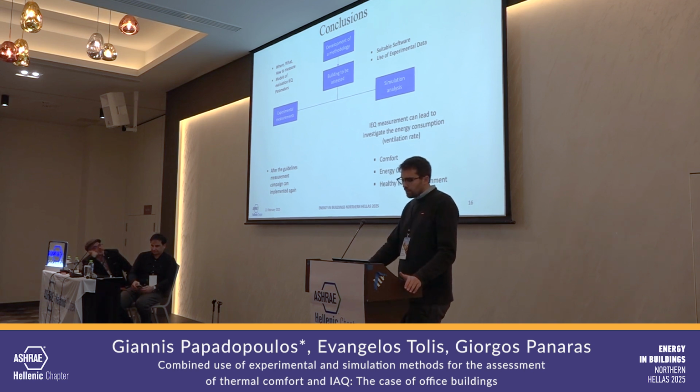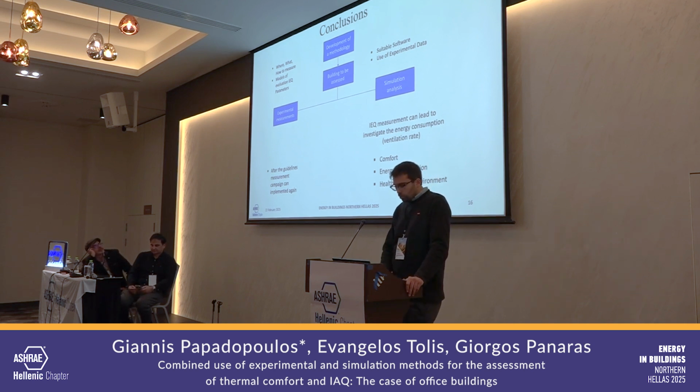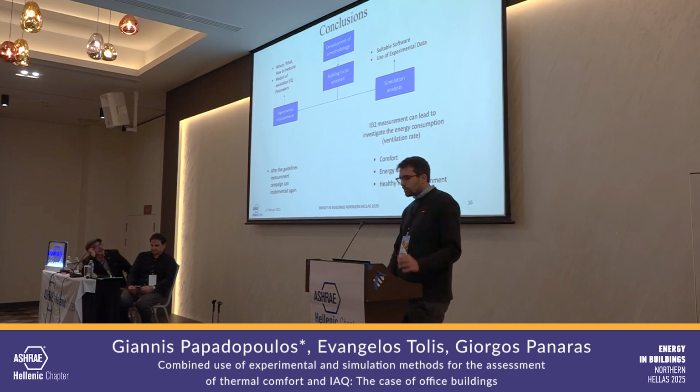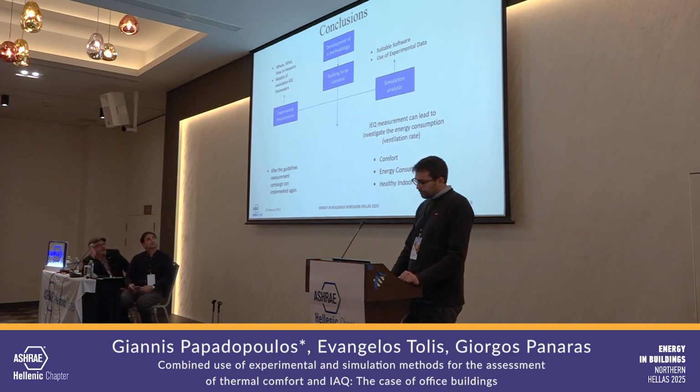As concerns experimental measurement, we have the three questions: where, what, and how to measure the parameters that we need. And what is the model we use after these experimental measurements that we take. And the simulation analysis is about choosing the most suitable software to use for our investigation, and using experimental data as well.